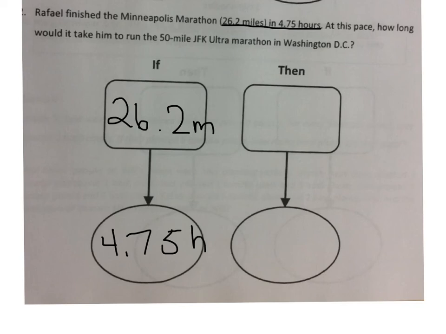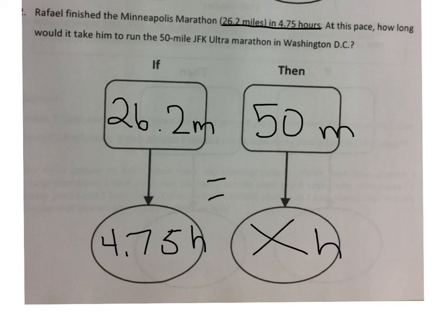So if he ran that far, we can then predict how far he'd run another marathon. We're just going to copy their labels. This is miles, this is hours. The question is how long, that can be where our X is. We don't know the hours. But 50 miles would go right up top here.